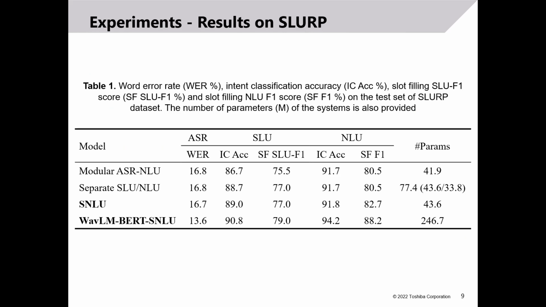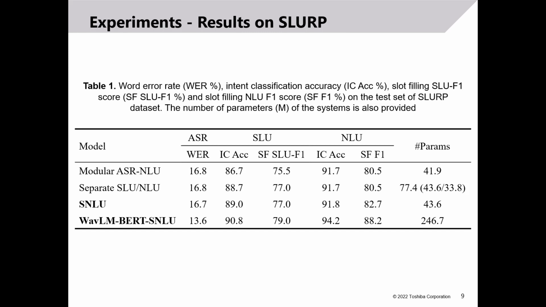We carried out experiments on the SLURP dataset, and in this table we report the word error rate for ASR, intent classification accuracy, slot filling SLU F1 score, and slot filling NLU F1 score on the test set of the SLURP dataset. We also provide the number of parameters of each system.